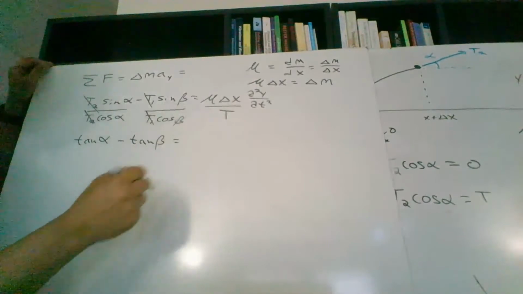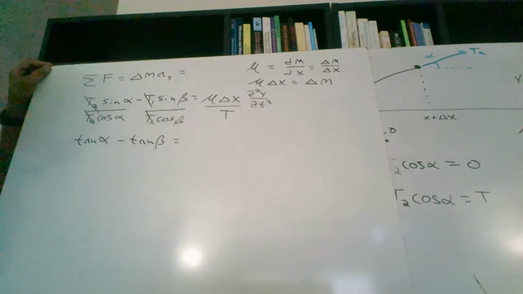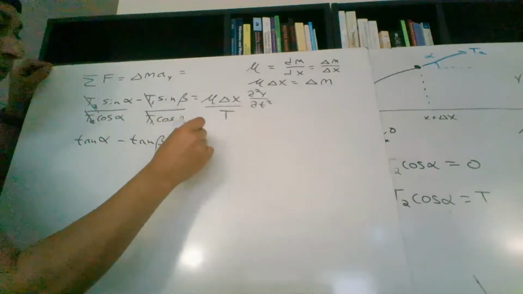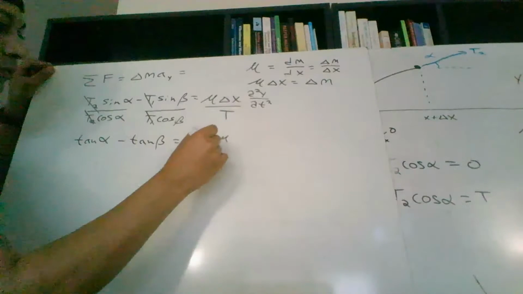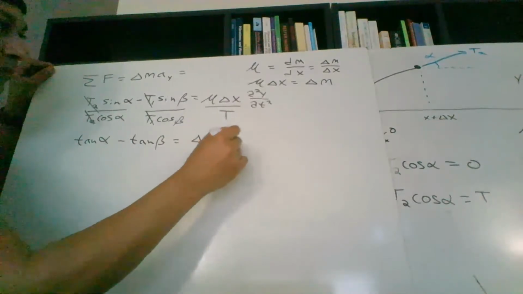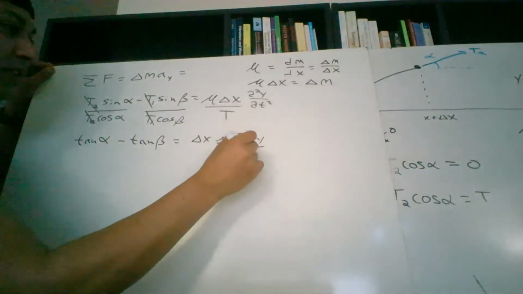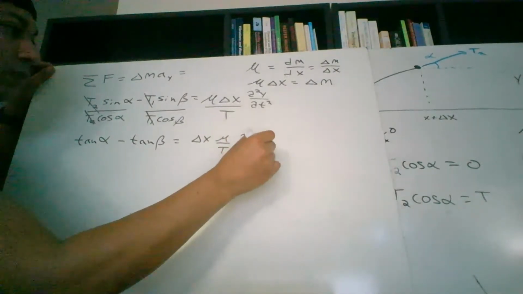This is tension right here. Okay? So, I'm going to put this delta x over here, and then I have mu over tension d squared y over dt squared.